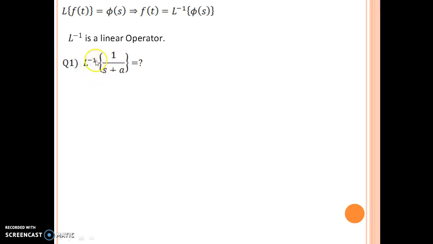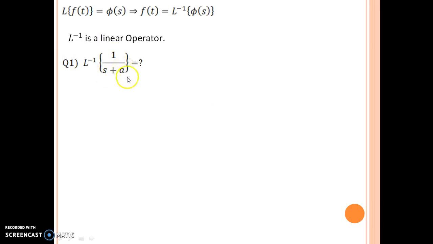We have here a question: L inverse of 1 upon s plus a is to be found. Now we are going to refer to our formula list. We have to find a function whose Laplace is 1 upon s plus a.